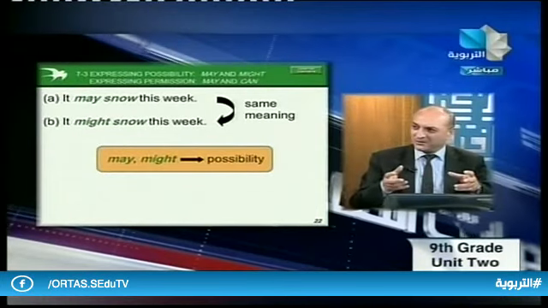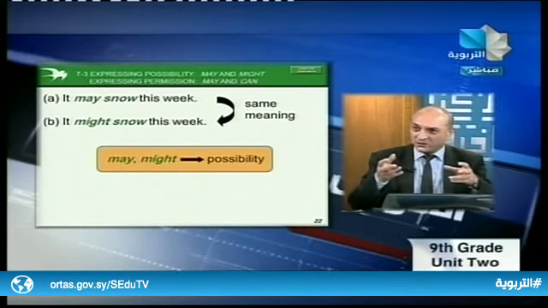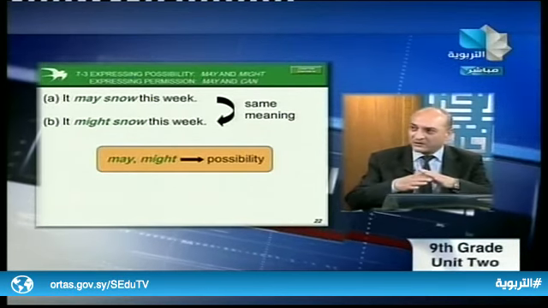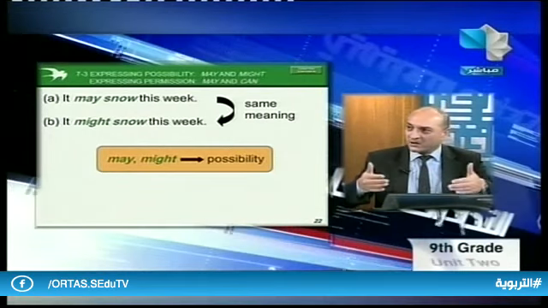Now, before we go on, Mr. Mazin, some students get confused when they know that might is the past form of may. So they think that when we want to talk about the past, we should use might. You said that may and might are the same, and they can be used to talk about something in the present, even might.